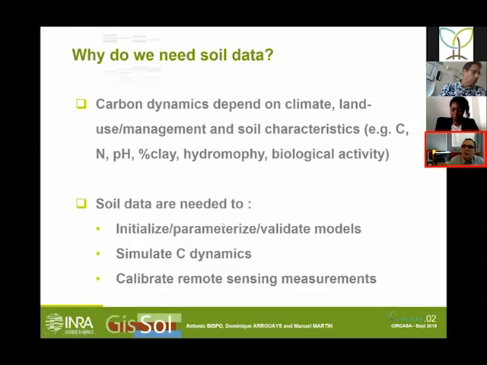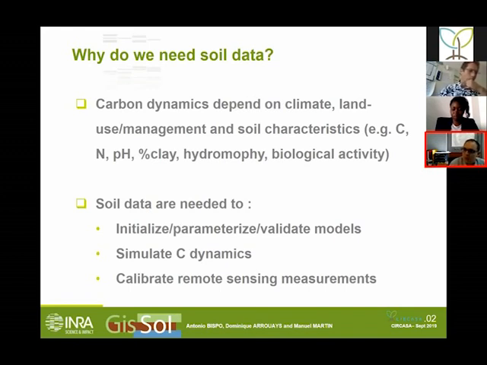So first of all, why do we need soil data? First one, because you all know that carbon dynamics in soils will depend, of course, on climate, on land use and land management, but also on soil characteristics. That means you will need the amount of carbon, but also of nitrogen, the pH, the amount of clay, if the soil is hydromorphic or not, and also if you have information about the biological activity.